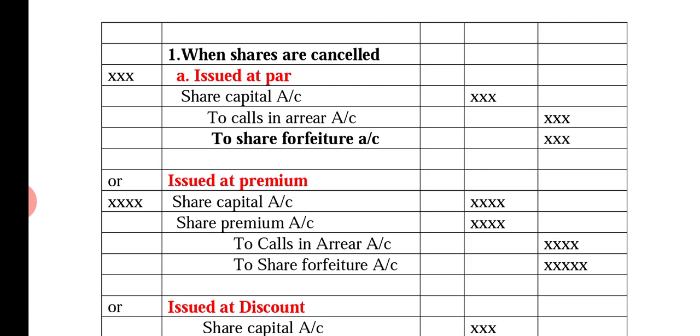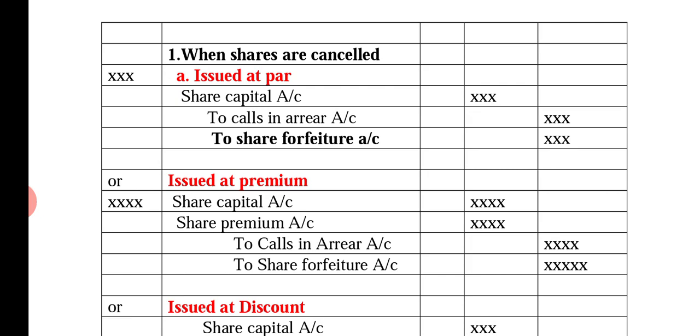Here the share capital called up amount is 7 rupees, as I give in the example. So share capital account 7 rupees. Share premium is 1 rupee. Suppose a 10 rupee share is issued for 11 rupees, so share premium is 1 rupee. 1 rupee is debited.